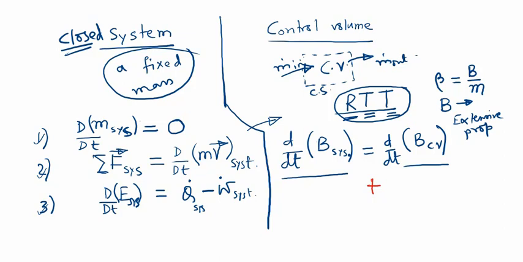Okay, so basically if you consider within the control volume how much mass is coming in, say let us consider this is a control volume, and this is a surface through which some mass is going out.